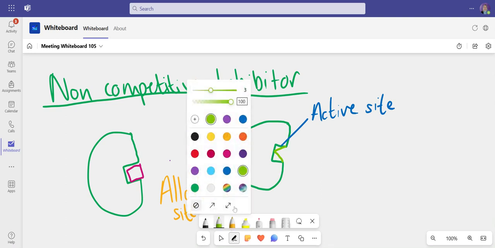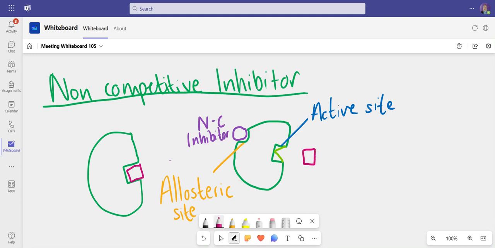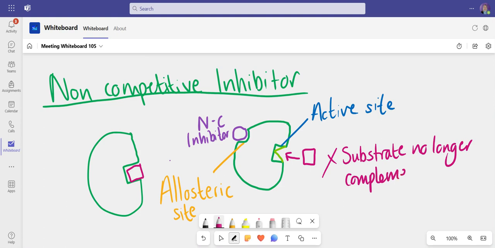And therefore, when the substrate then tries to bind to the active site, the substrate is no longer complementary and it can't bind to the active site.